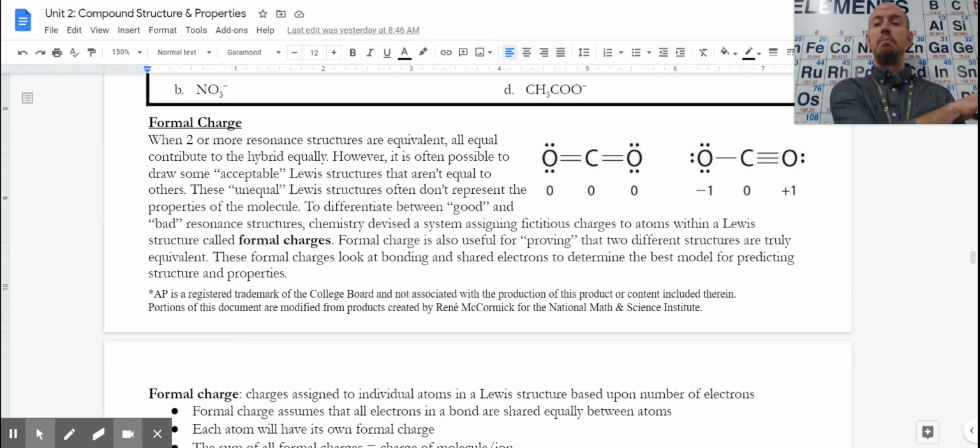The oxygen brought 6, it has 4 of its own, and then it put 2 of them into the sharing pot. That means that it has 6 around it of its own. It brought and has an equal amount. That's what formal charge is. How many more electrons are next to you than you brought? How many fewer electrons are next to you than you brought?